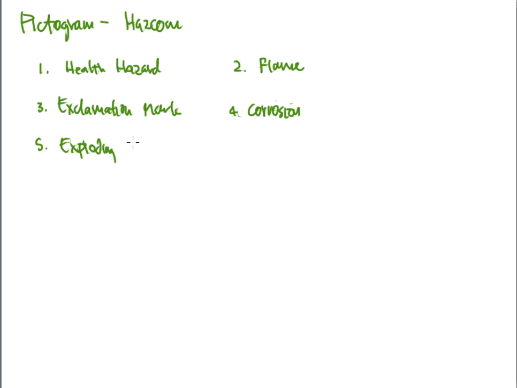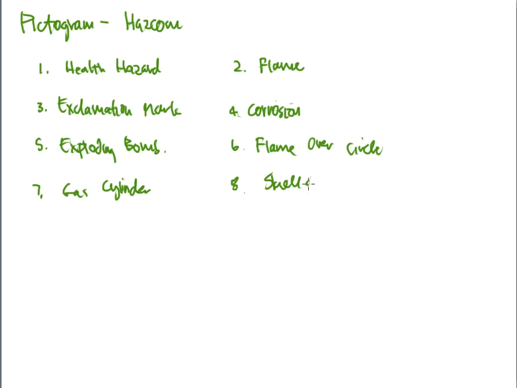I think that's kind of self-explanatory, but we'll look at that one in just a second as well. Number 6 is some type of flame that's over a circle. So we'll look at that one. Number 7 is a gas cylinder. Number 8, skull and crossbones.